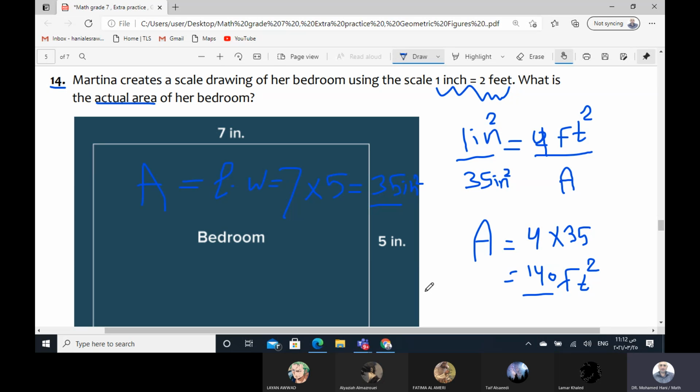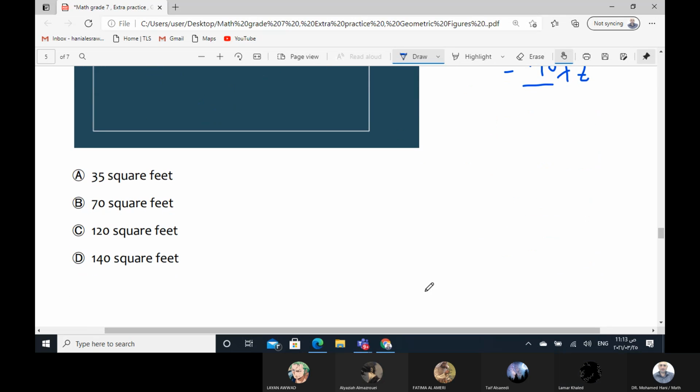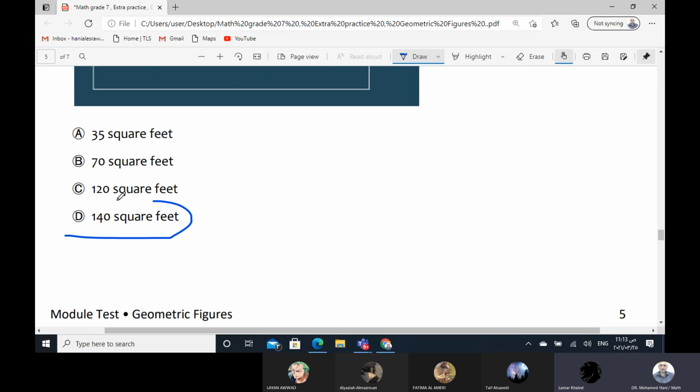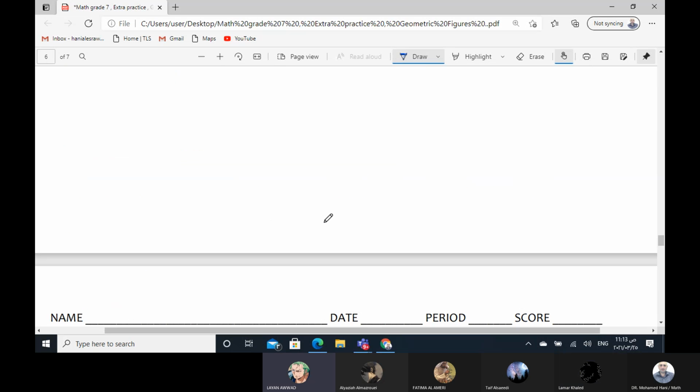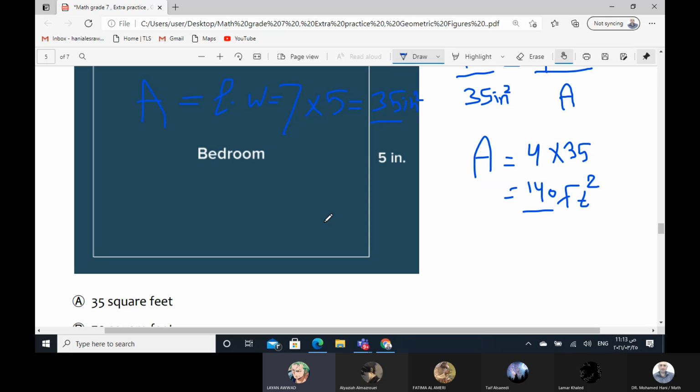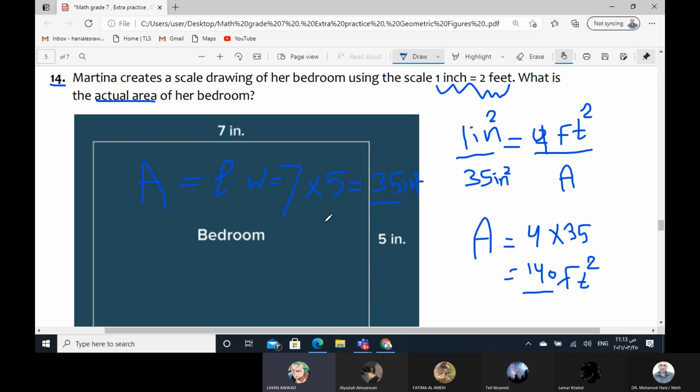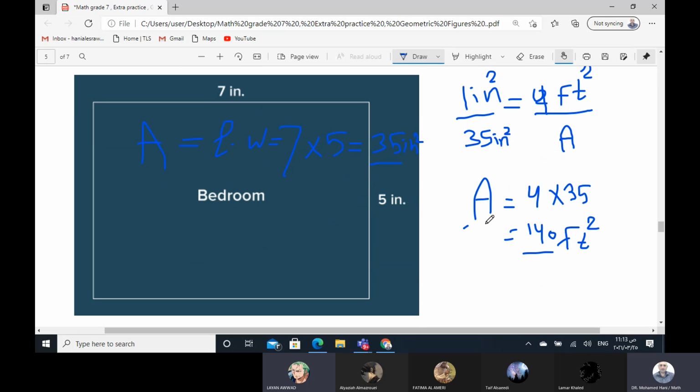Mister, I did the length and width separately, then I multiplied them, but I got the same answer as you. Okay. If we put, for example, on the exam 140 feet without square, it would be wrong? Yes, wrong, because here it is area.